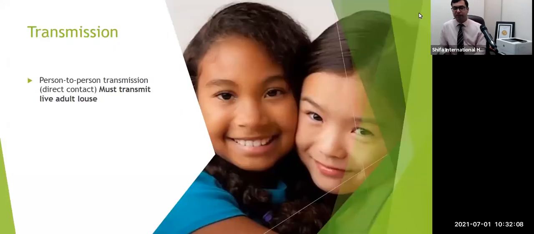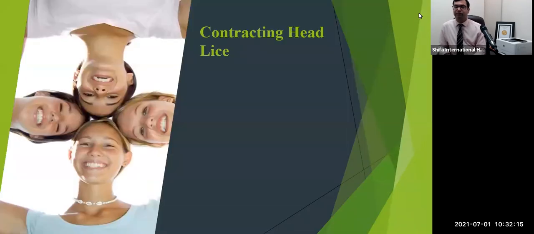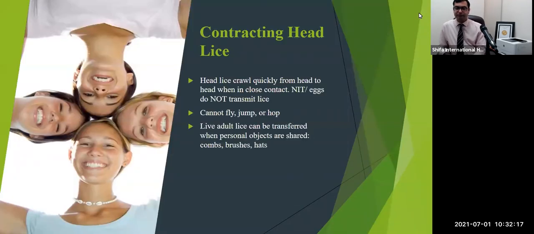Close contact must transmit a live adult louse before the other person gets head lice as well. They cannot fly, jump, or hop, and they are transferred with personal belongings, so brushes, combs, hats.